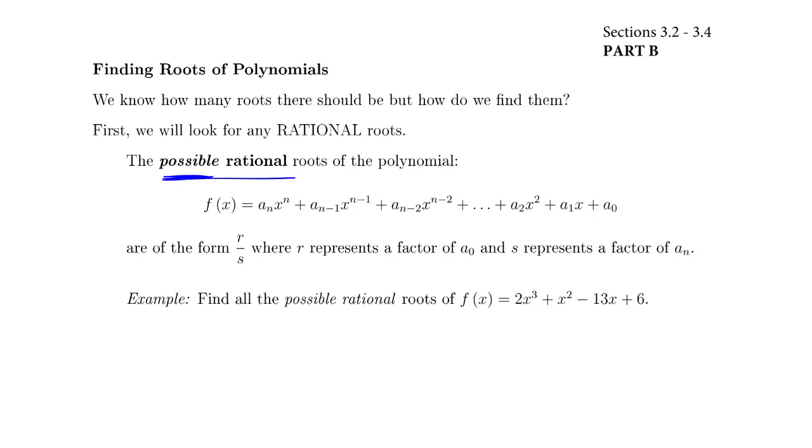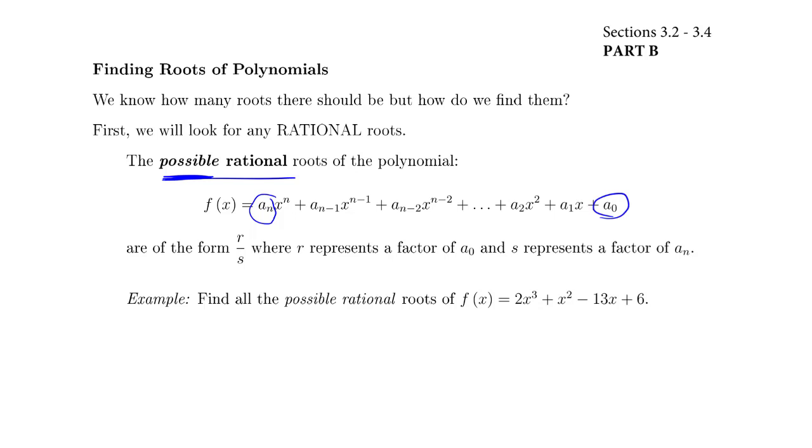So what we do is we look at two numbers in the polynomial, the coefficient of the leading term and the constant coefficient. And we're going to make our possible rational roots out of factors of those numbers.